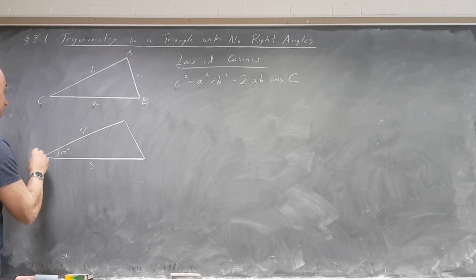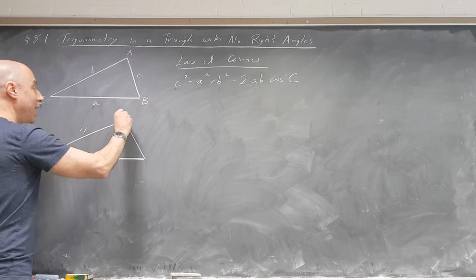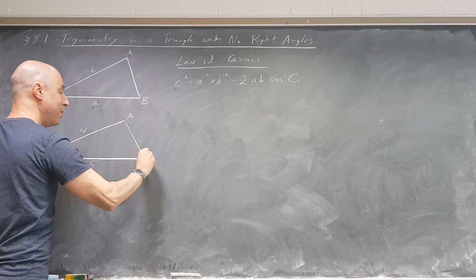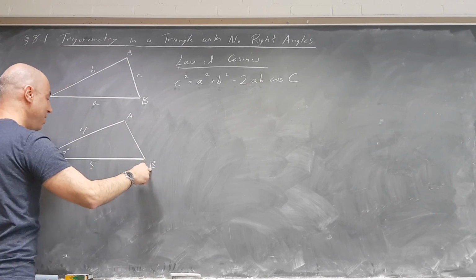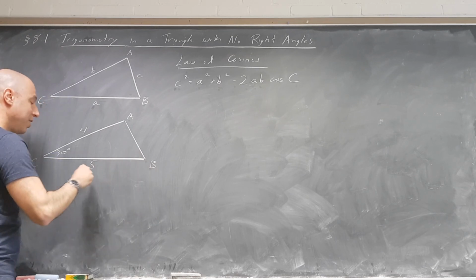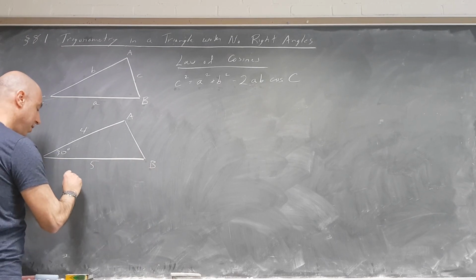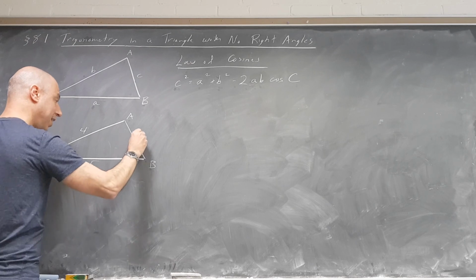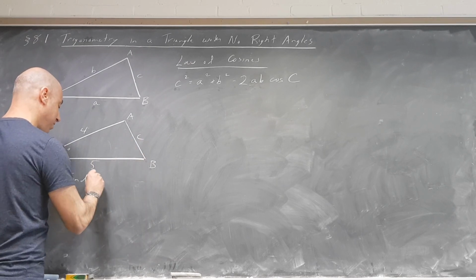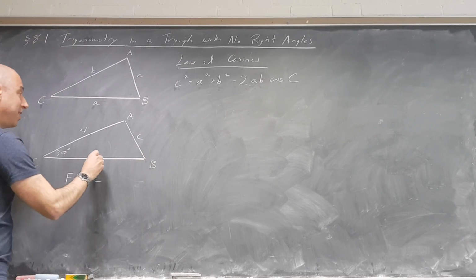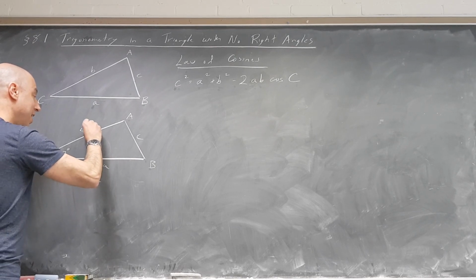So let me put in my C and my A and my B. We're not going to need angles A and B right now. And the goal here is going to be to find the length, which I'll just denote c right now. So this is A and this is B.